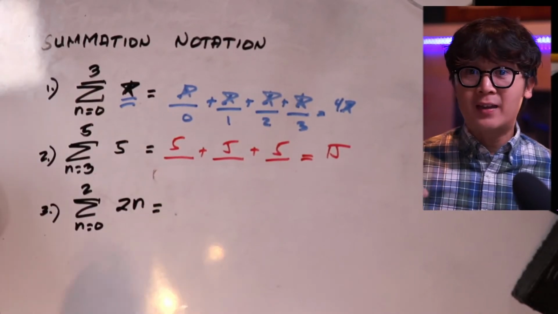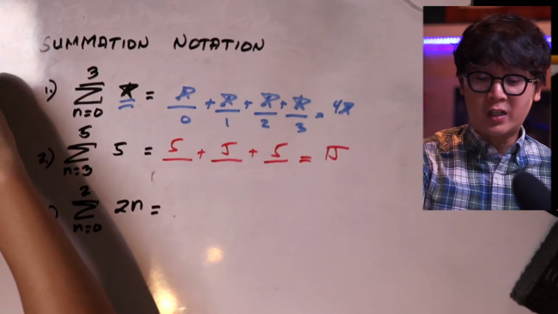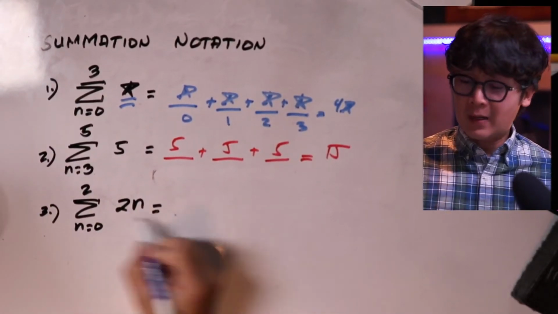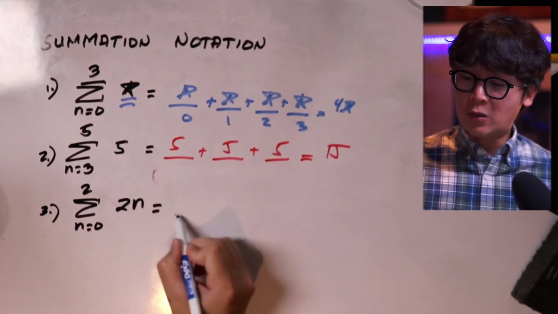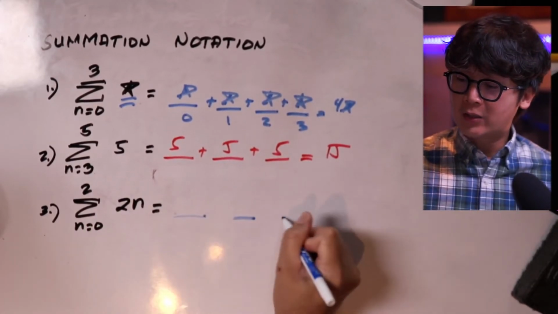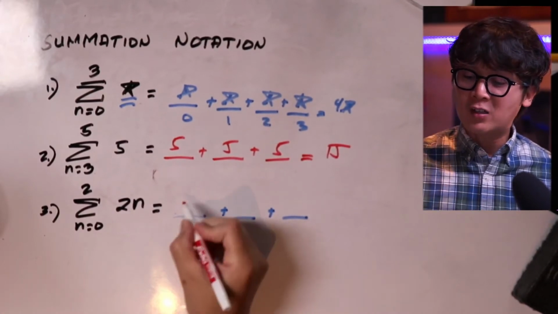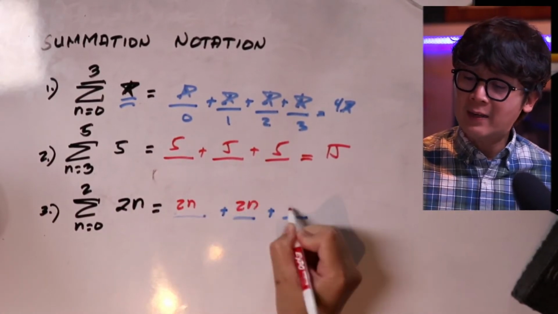If we have 2n as our function, we'll have 0 as our lower limit and 2 as our upper limit. So 0, 1, 2, which means we have 3 terms that we're going to be adding. This time the function is 2n, 2n, and 2n.